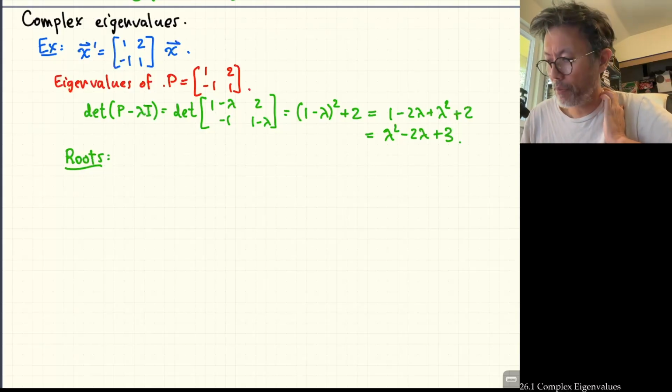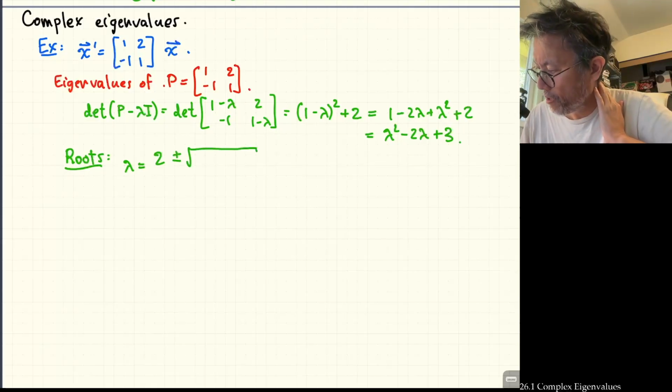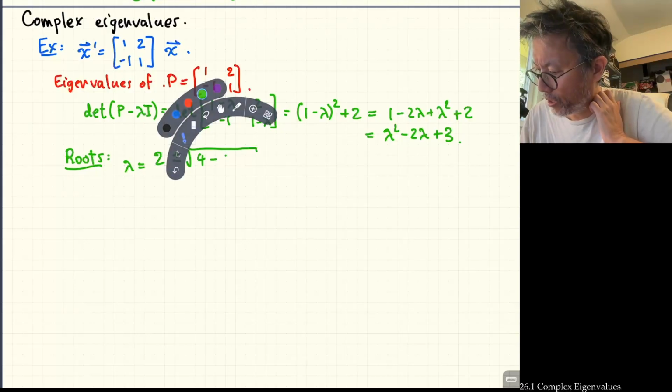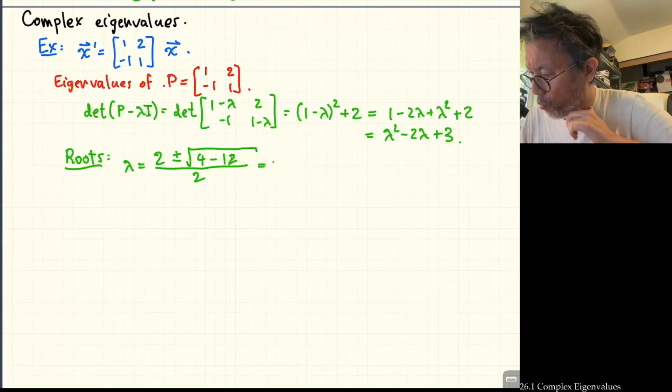Of course, that's going to be lambda equals 2 plus or minus the square root of negative 2 squared, which is 4, minus 4 times 1 times 3, divided by 2. And this ends up being 1 plus or minus the square root of negative 8 over 2.